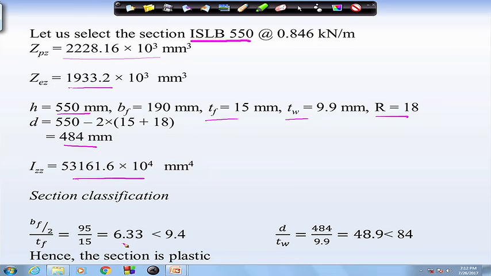From the section classification we can see it is less than 9.4 and less than 84. As a result, this section is plastic. So, the ISLB 550 when we use it will be a plastic section, and its properties are given here.